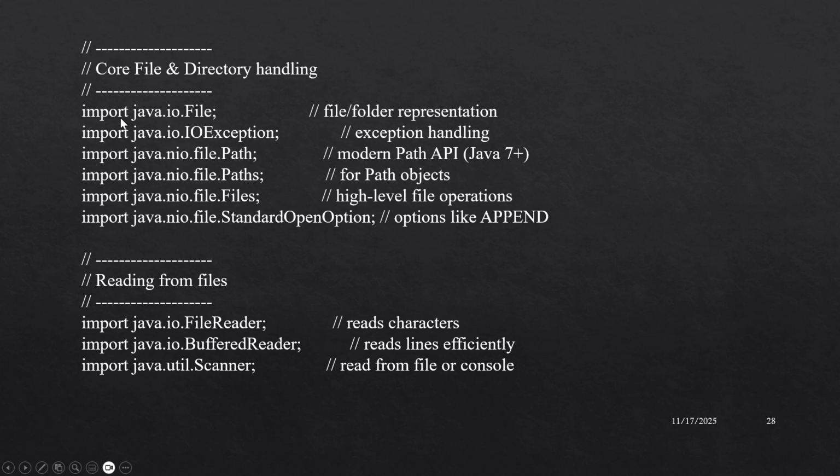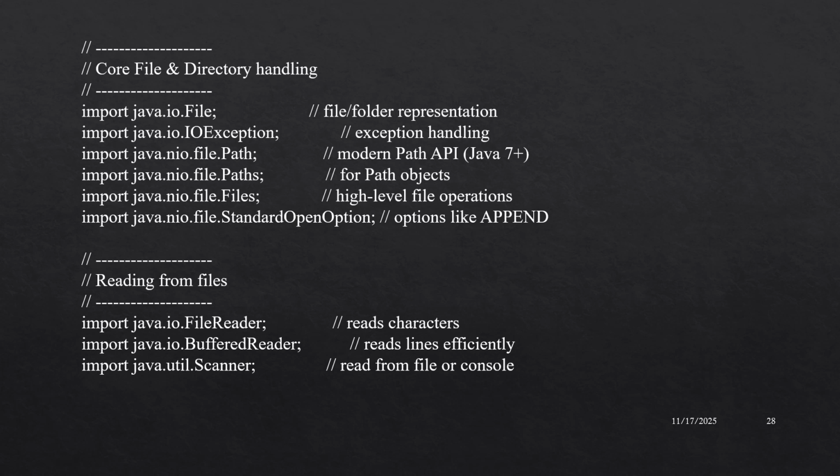Without it, you cannot initialize or use any files. So import java.io.File, which is the file or folder representation, and import java.io.IOException, input output exception. It will be needed when you try to handle exceptions.